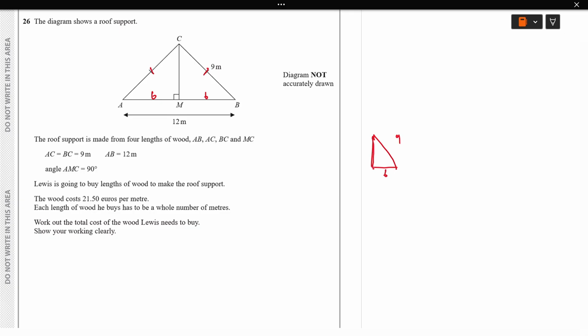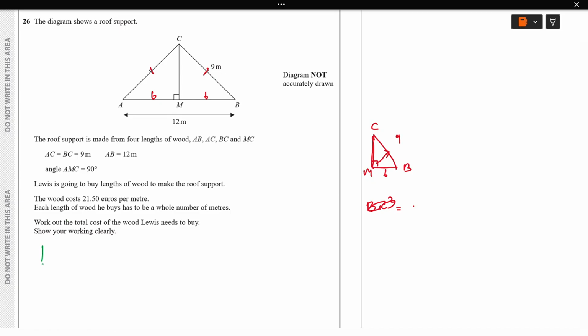So how to find this? Because it is 90 degrees, we can use Pythagoras here. So this is M, this is B, and this is C. The missing side is MC. Pythagoras says the hypotenuse, which is opposite the 90 degrees, always the longer side.